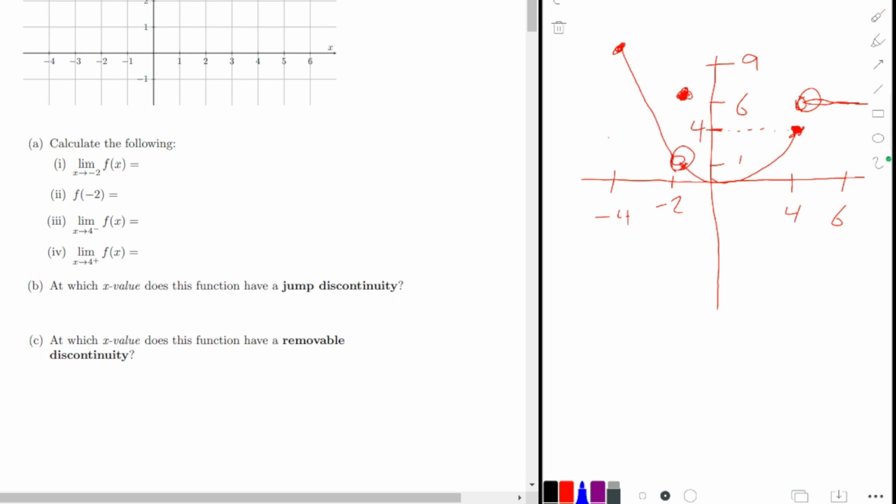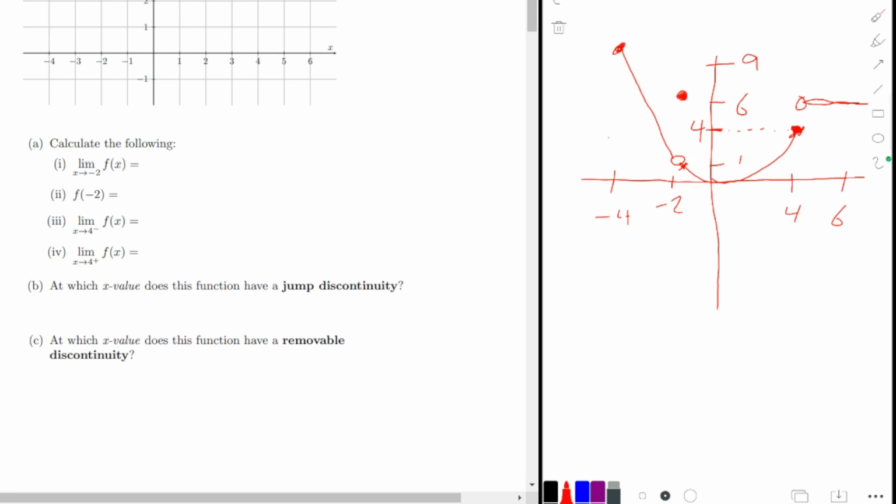But if we got rid of this point and filled in this hole, the discontinuity would be removed. So the answers to B and C, respectively: the jump discontinuity is at x equals 4, and the removable discontinuity, hold on, let me hit back a few times.